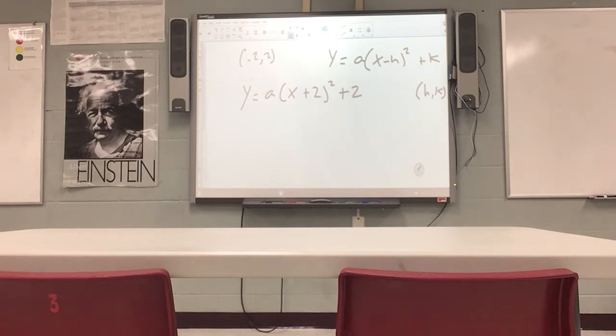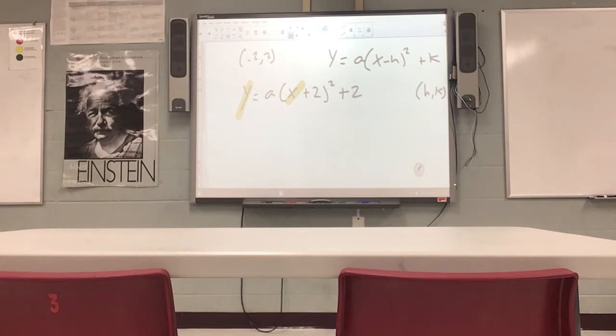What you do to figure your a out is you pick some other random point off of the parabola, plug that point in for the y and the x, and solve it for a. There's a ton of points on a parabola, but you want to pick some that are easy to work with. So I found some whole numbers and used the point -3, 5.